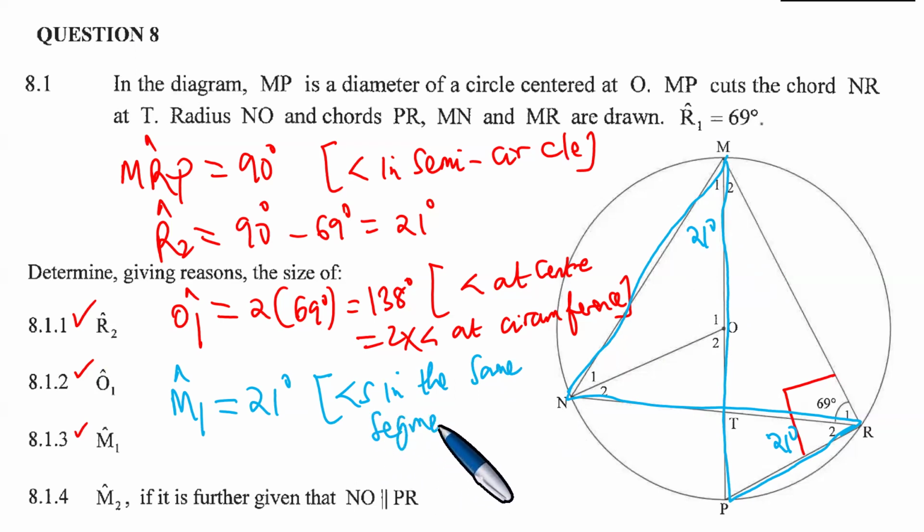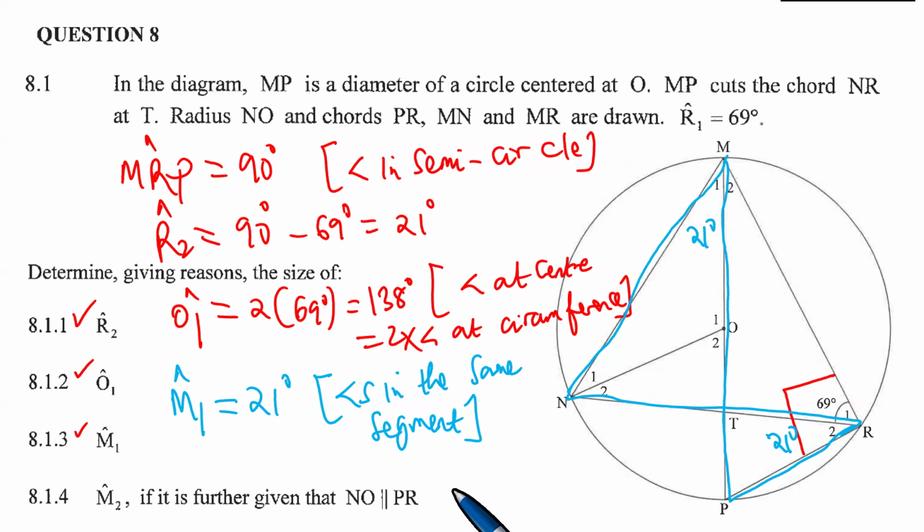Angles in the same segment. So we're done.